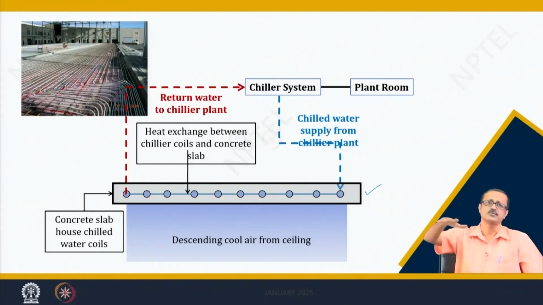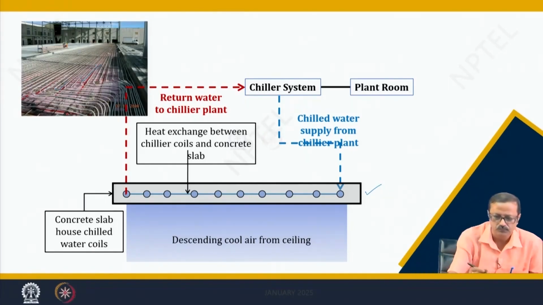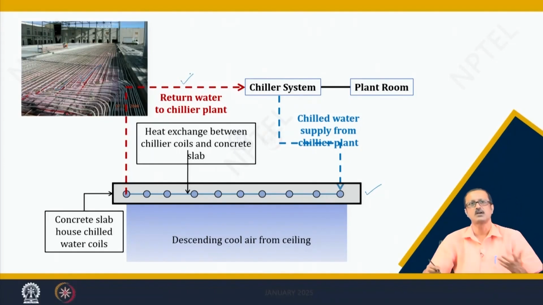By virtue of this process, when the chilled air is returned back to the plant, which I have shown with the red dotted line, it will be a little bit hotter.